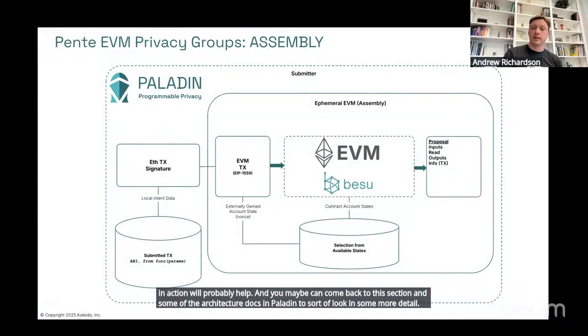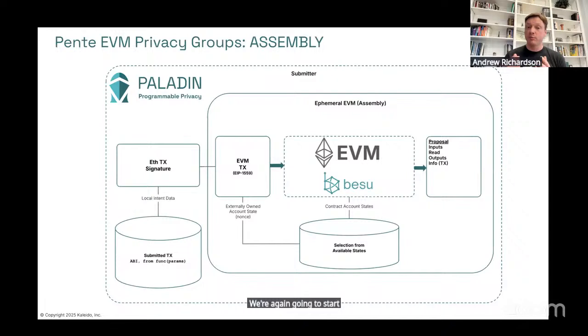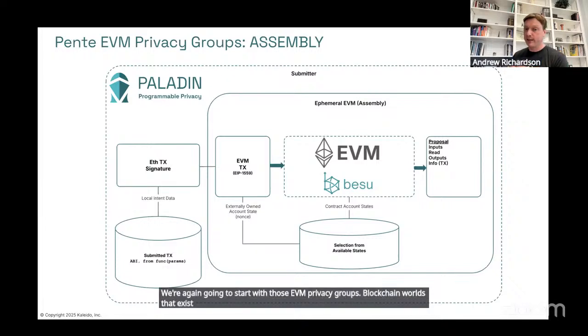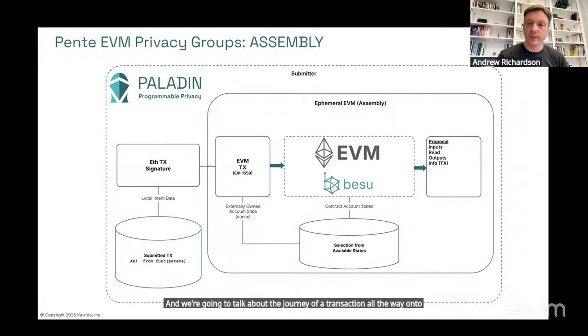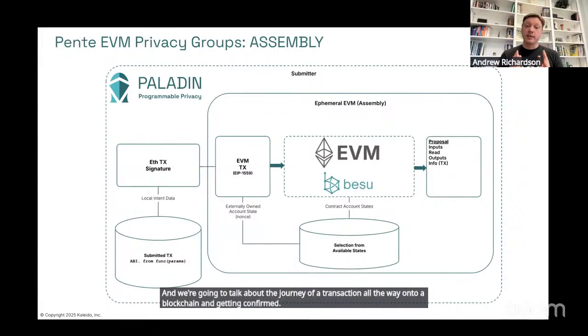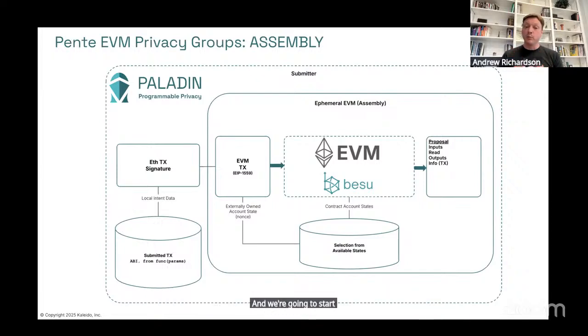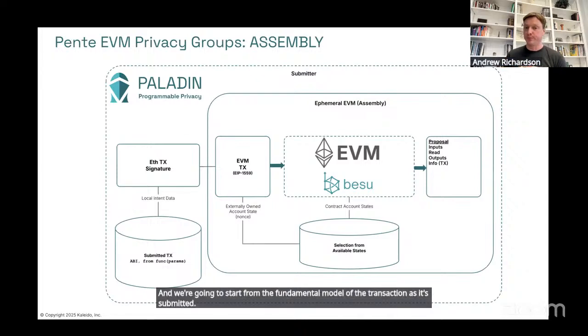We're again going to start with those EVM privacy groups, blockchain worlds that exist maintained just by a set of parties. And we're going to talk about the journey of a transaction all the way onto a blockchain and getting confirmed. And we're going to start from the fundamental model of the transaction as it's submitted. I want to propose a transaction.